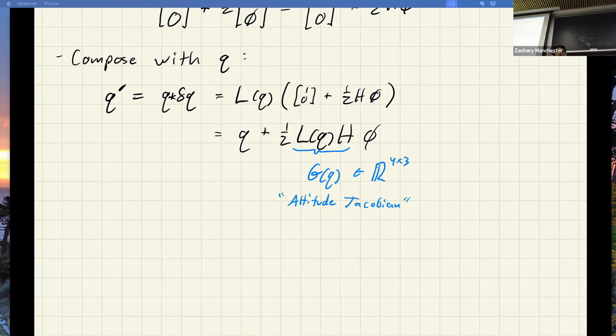All 3 parameter attitudes, whether it's Euler angles, axis angle, vector part of your quaternion, Gibbs vectors, Rodrigues parameters, whatever, there's a bunch of these things, turn out for small, infinitesimal, small angle stuff, they all linearize the same way. And so this attitude Jacobian, it doesn't matter which parameterization you use to derive it, it comes out the same at the end of the day, which is kind of interesting.